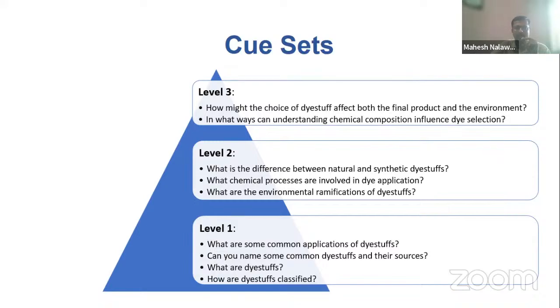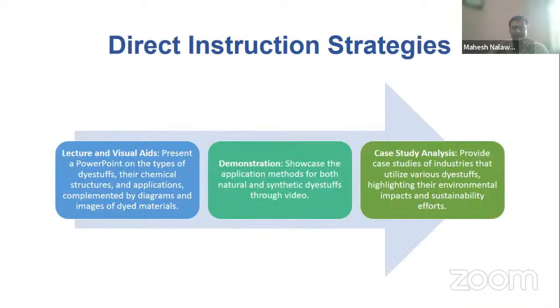taxonomy. So if the students are able to interact in a face-to-face manner and able to answer these questions, then it will be okay. If the students do not comply with all these questions, then in the classroom the direct instruction strategies will be adopted. The direct instruction strategies include lectures using visual aids and different ICT tools.